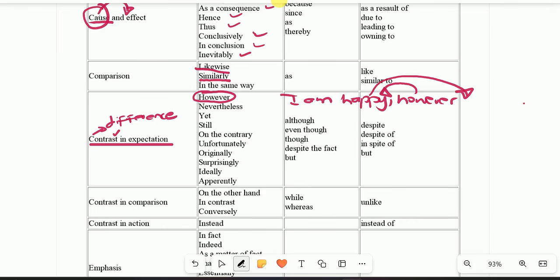Once you say you are hesitant, it brings a negative sentiment or a negative idea to what you are saying. So these are the logical connectors or linking words that show contrast and expectations, such as unfortunately.